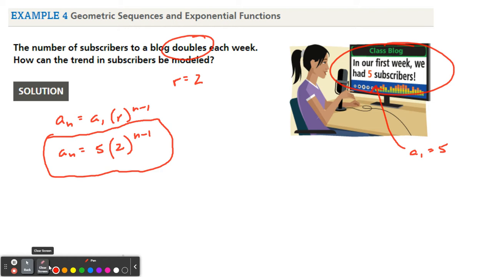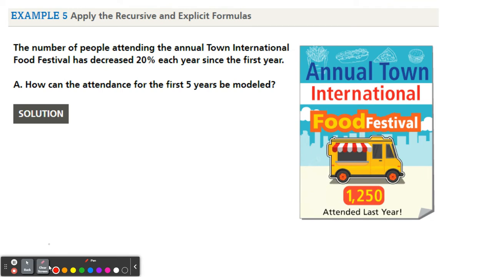Okay, next. It says the number of people attending the annual Town International Food Festival has decreased 20% each year since the first year. How can the attendance for the first 5 years be modeled?